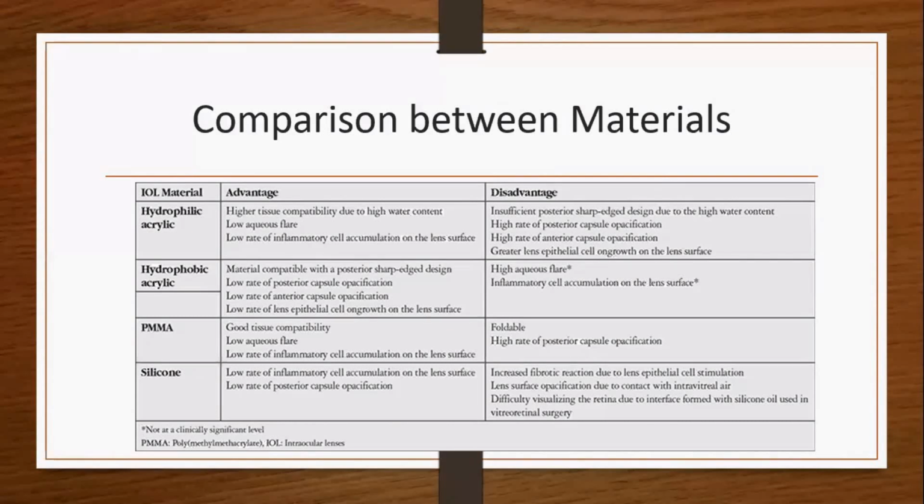So many MNCs, like even my company, if you take SIFI from Italy, it is coming with a material called a copolymer, in which there is a combination of both a hydrophilic part and a hydrophobic part. The hydrophilic part is used for the foldable material in the lens. The hydrophobic part is for PCO reduction.